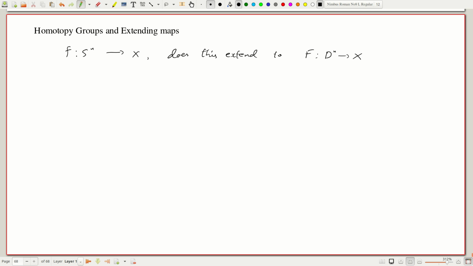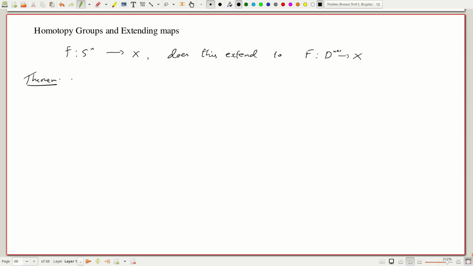So for example, n is 1, and you want to extend it to D^(n+1) to X. So the following theorem. Recall that this is useful not just for doing it for S^n specifically, but inductively, step by step. We have been doing this when we were talking about disks.